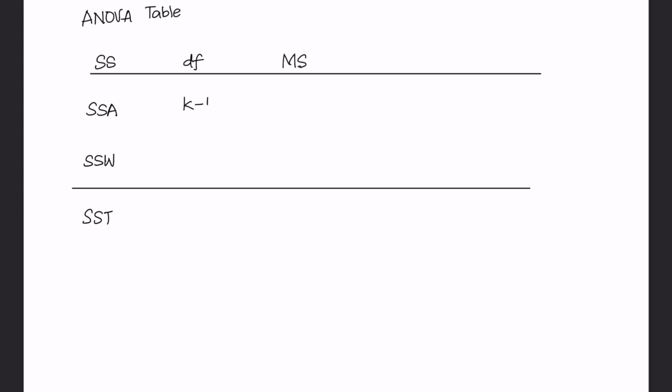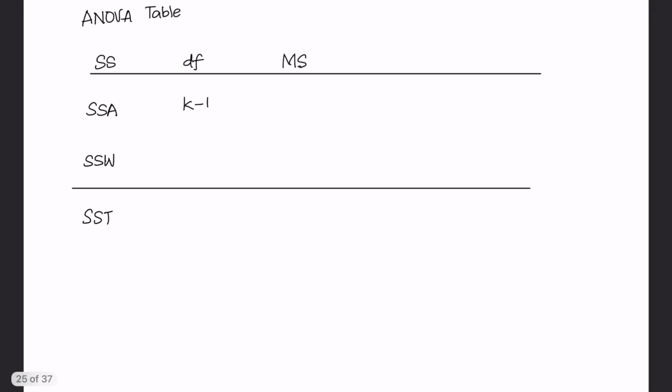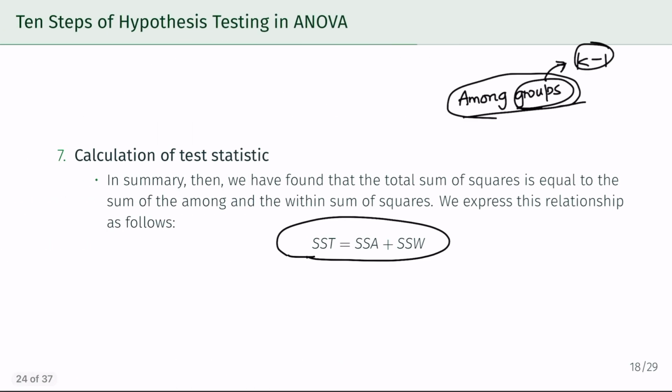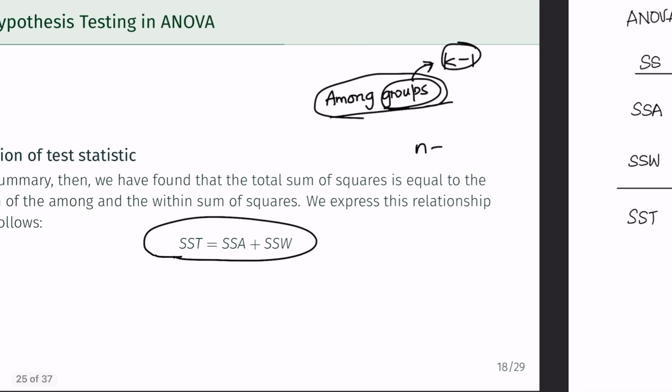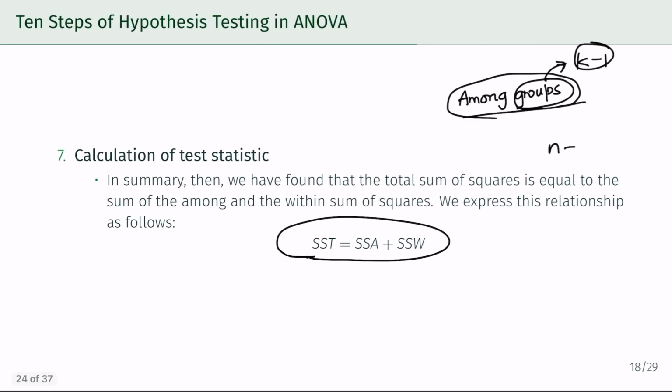Next, within groups, which means that we have two values that we are considering. We have the total number of observations, small n, minus the number of samples. Let me write it this way: within groups is observations minus the treatments.